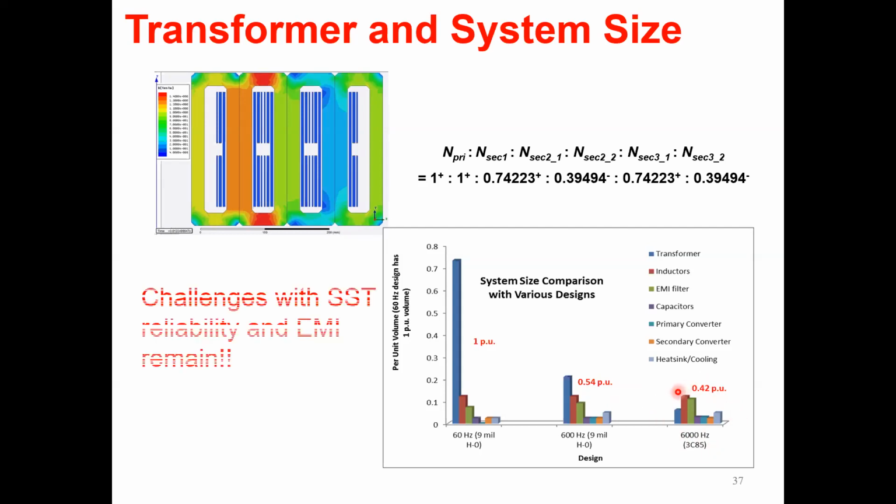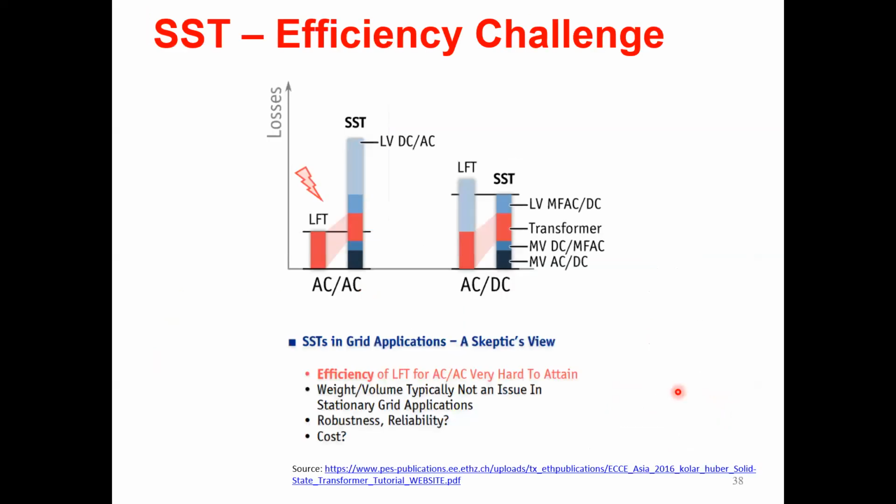So there are still challenges with EMI. I'll quickly brush through it, and if there are more questions, I can take them along the way. As you can see here, for AC converters, the losses of line frequency transformers are just metal, conductors and core. So it's almost impossible to beat the efficiency of traditional line frequency transformers in terms of losses.